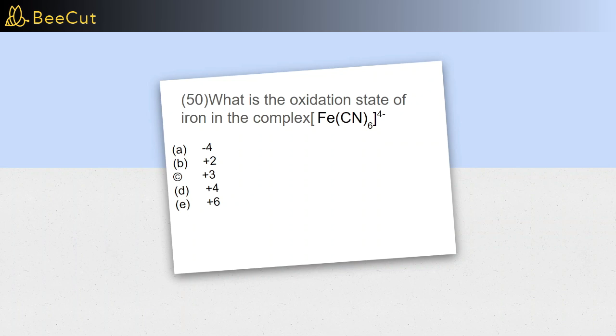So x plus -6 is equal to -4. x is -4 plus 6, which is equal to +2. That shows the oxidation number there is +2.